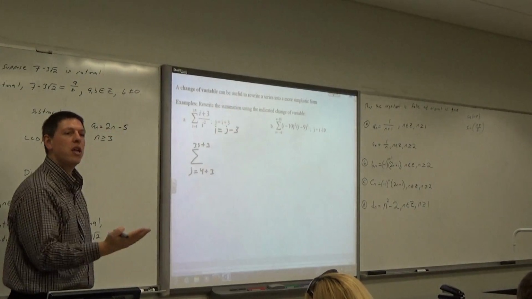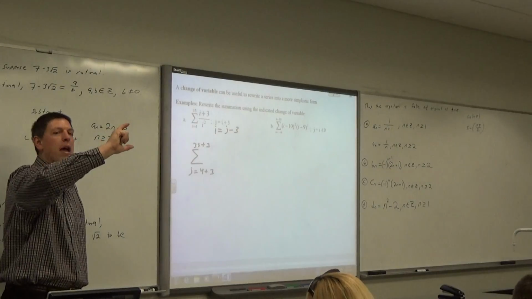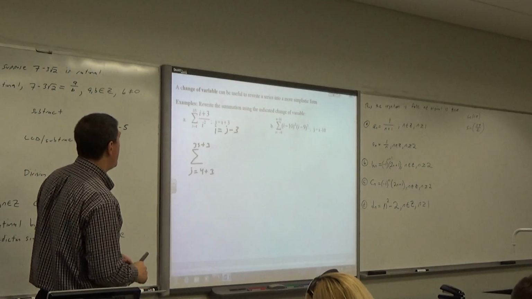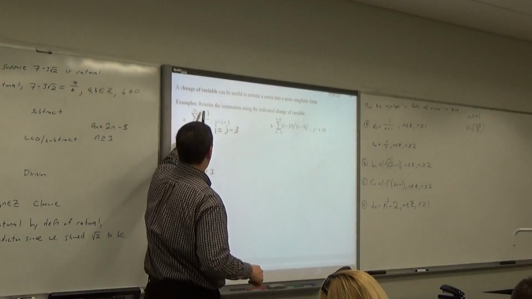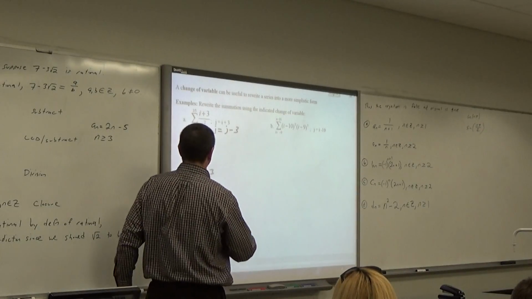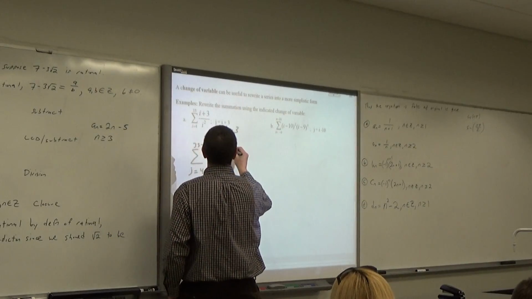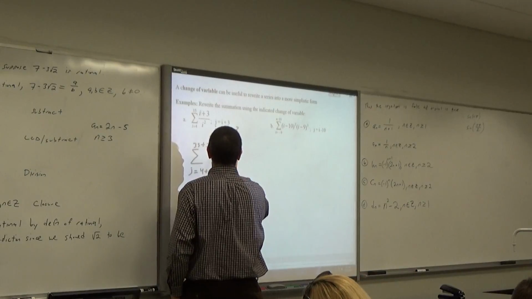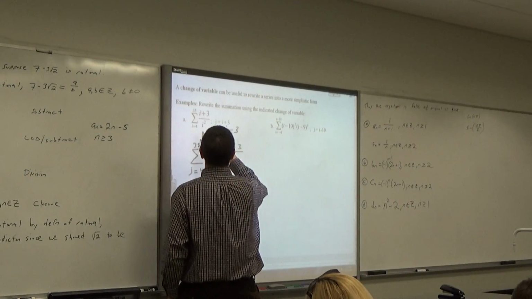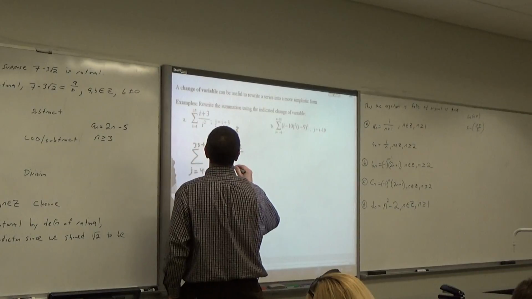Does that make sense to everybody? We're just plugging the lower and upper bounds back into our substitution. In the numerator, wherever I see an i, I'm going to replace that with j minus 3. So I would get j minus 3 plus 3 divided by quantity j minus 3 squared.